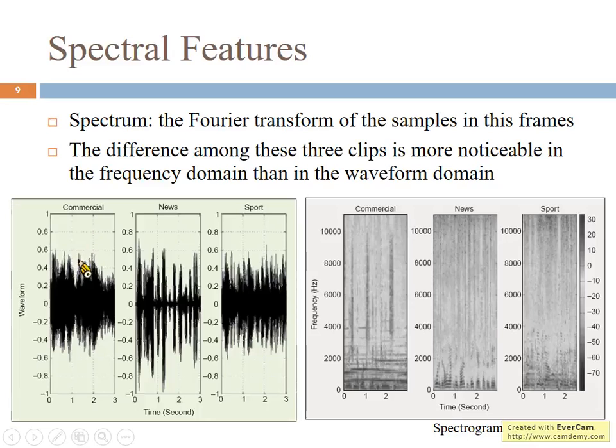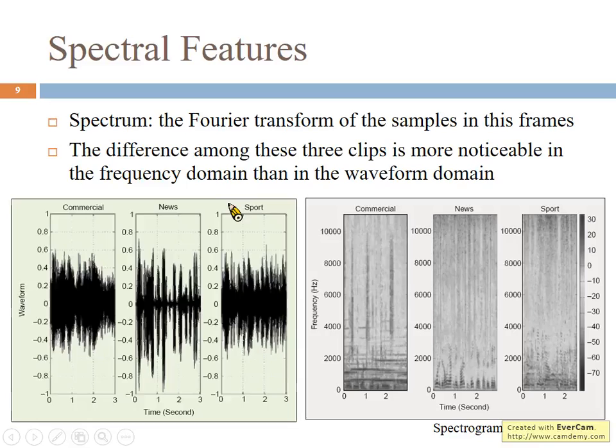But if we transform these audio signals into the frequency domain and show you the spectrum, you will see that the spectrum of the news audio signal is really different from commercial and sports. And you can also see that the spectrum of the commercial sound is quite different from that of the sports sound.